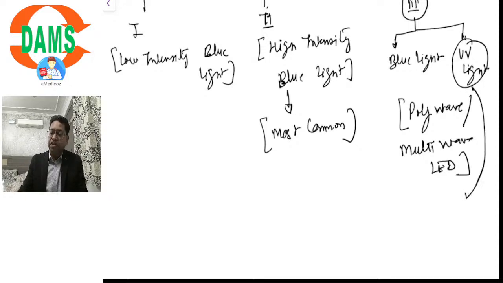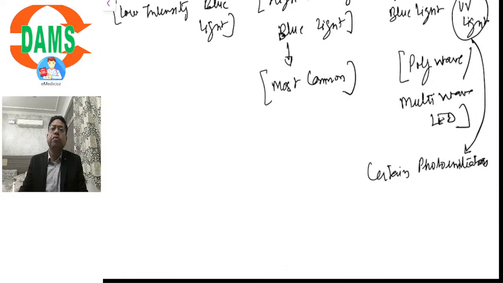Because certain photoinitiators require ultraviolet light for curing. Which is the most common photoinitiator? Camphorquinone. It requires only the blue light because its maximum absorption is at 474 nanometers.